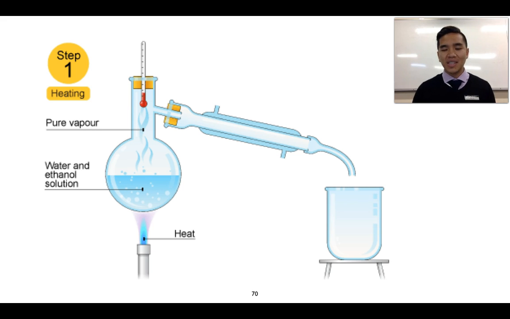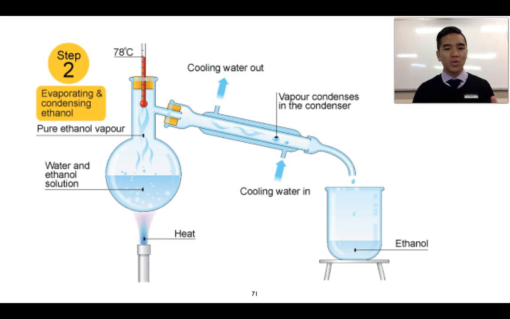So as we heat this, you can imagine that the ethanol will boil off first. It will form a vapor, which then transfers and moves through to this section here, through to a condenser. This condenser will then cause the vapors of ethanol to condense back to a liquid, and then this is expelled into a vessel and it's collected, and it's what we call our distillate.